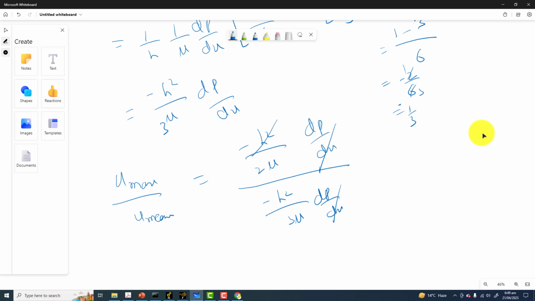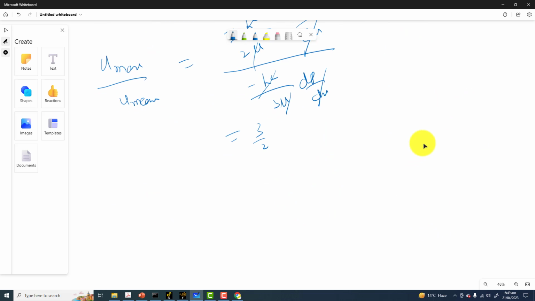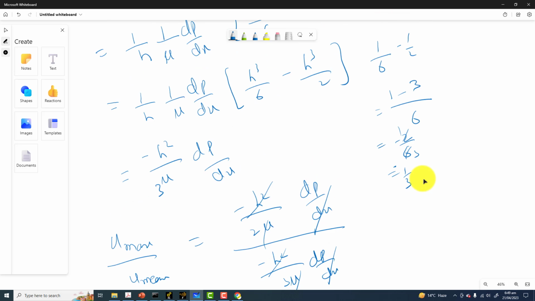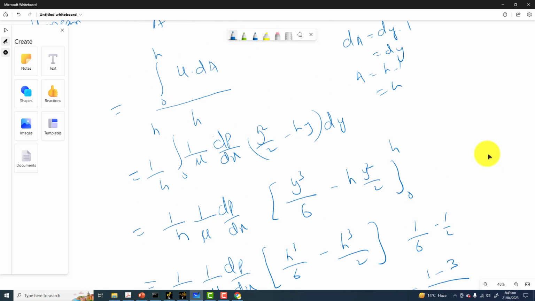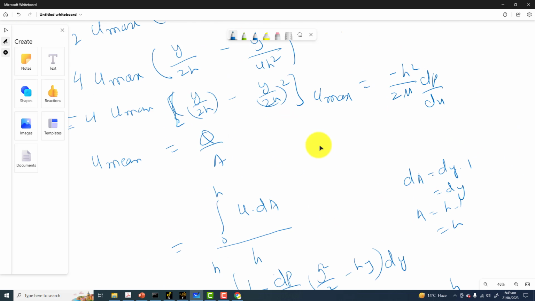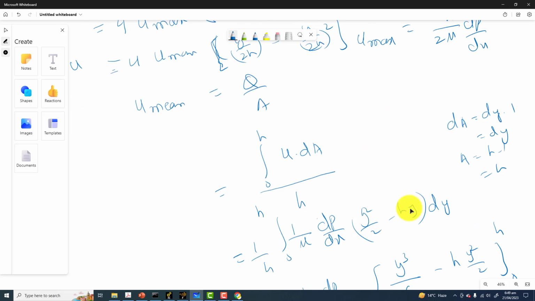If you cancel out, so we have 3 by 2. So u max is equal to 3 by 2 u mean, and we derive that the u is equal to 4 times u max.